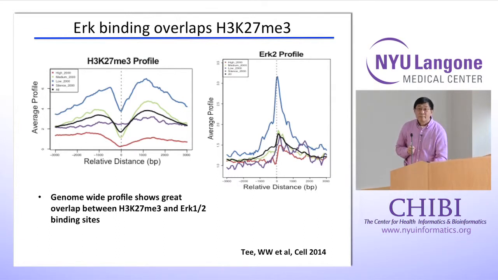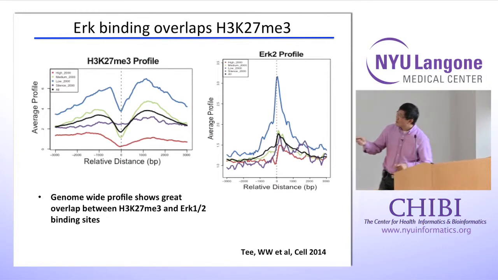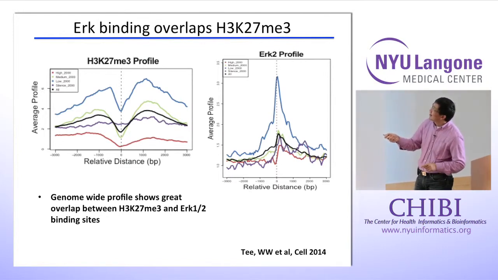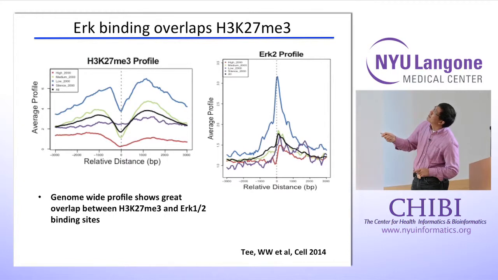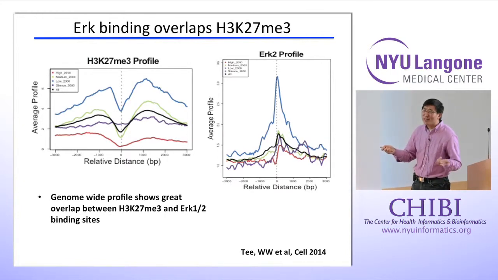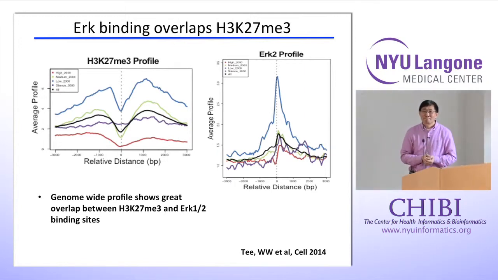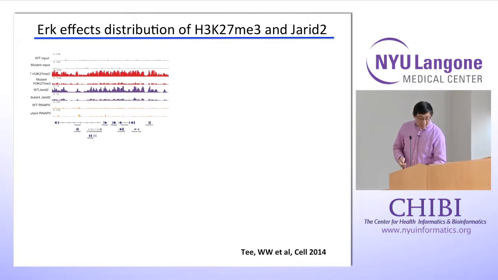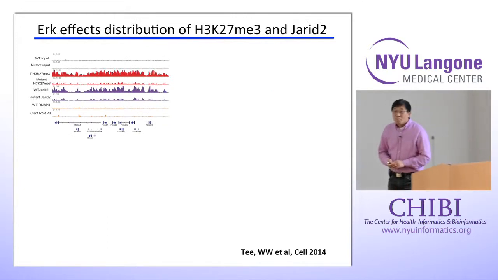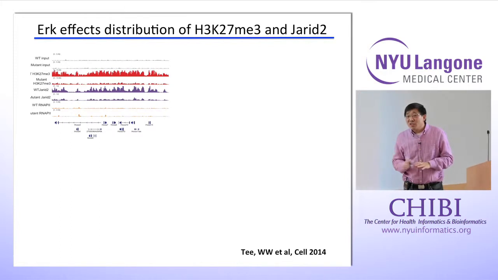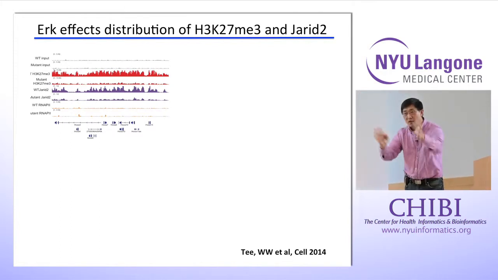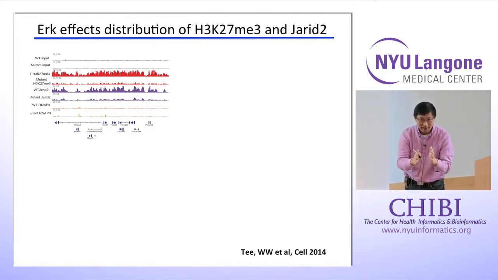And the highly expressed ones are down here, in red. You don't have ERK, you don't have K27. That's the message. From that study, we know they sit together, but we don't really know if they are functionally related.